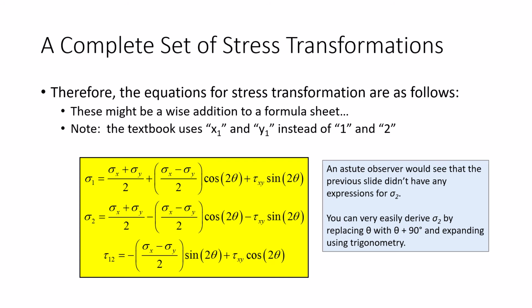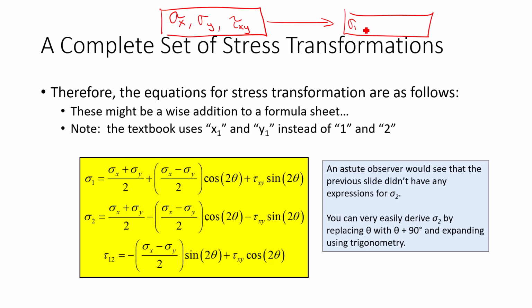So, the equations for stress transformation are as follows. If I have a given stress state, sigma x, sigma y, tau xy, and I would like to turn it into this data, I need a transformation.